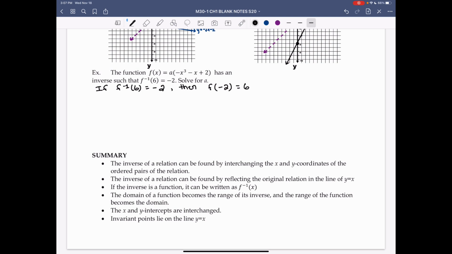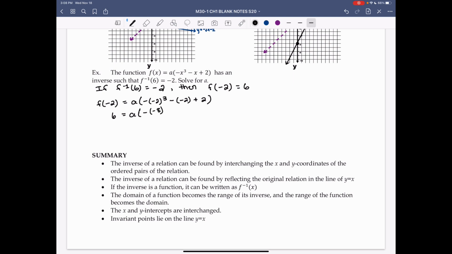Then we can calculate f of negative 2, which would be a bracket negative 2 cubed minus negative 2 plus 2. The value of f of negative 2 is 6, so now I can put 6 equals a, and then calculate: negative 2 cubed is negative 8.